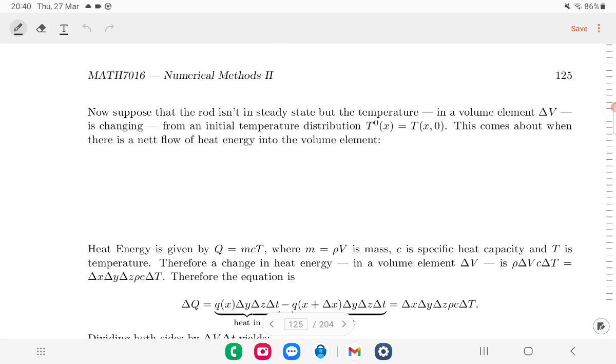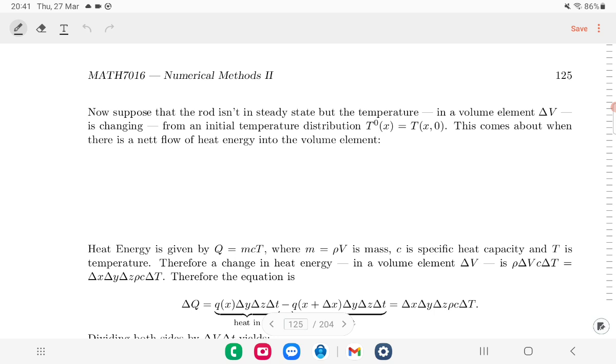Okay. Now, suppose that the rod isn't in thermal equilibrium, but is actually heating up or cooling down. The temperature at each point is still changing.